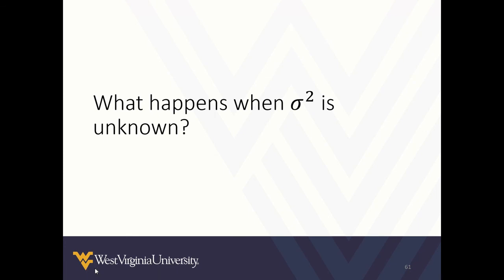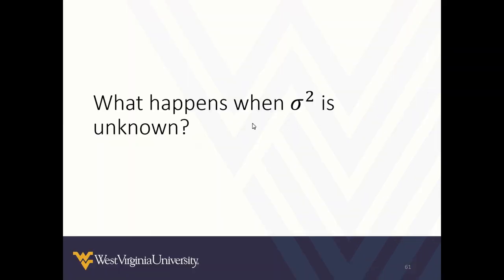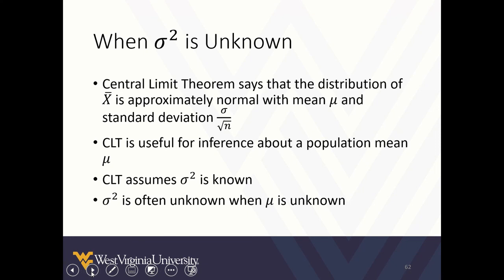So for us, this brings us to one of our last points of interest, and that is what happens when our population variance is unknown. Okay, so when the population variance is unknown.